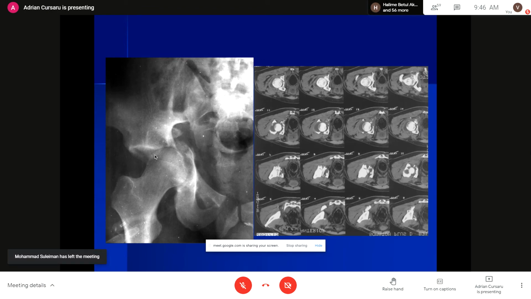Hemorrhagic shock could appear because there are some important vessels here in the pelvic area, and it is very important to make a correct diagnosis if we have lesions of arteries, vessels, or nerves. Very, very good. Do you see something abnormal more than that acetabulum fracture?